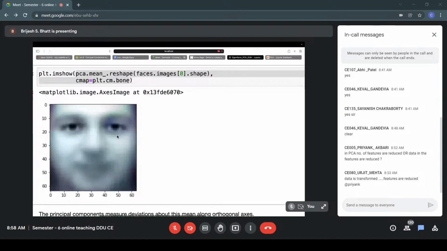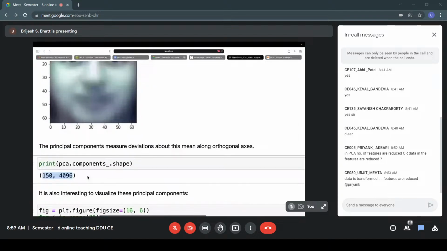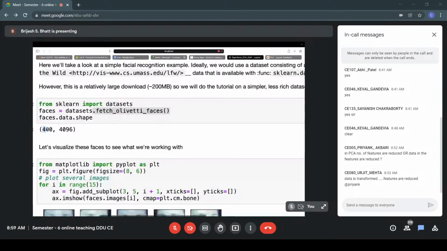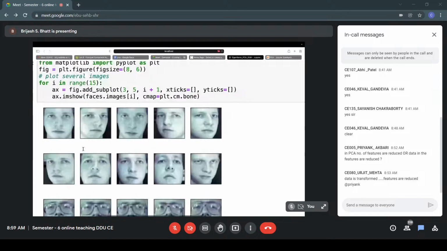So this is the image with reduced number of dimensions. It is not just that some pixels are removed, but by learning from all other images it chooses the best pixel or best dimension to represent the image. So this is called mean image removal. And the shape of the resulting image will be 150, 4096. And we have reduced the dimension from 400 to 150. So that much the dimensions are reduced.